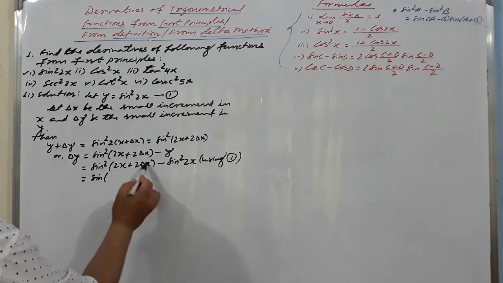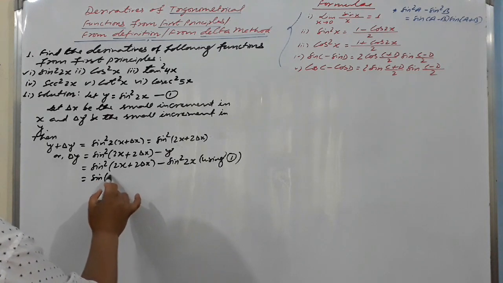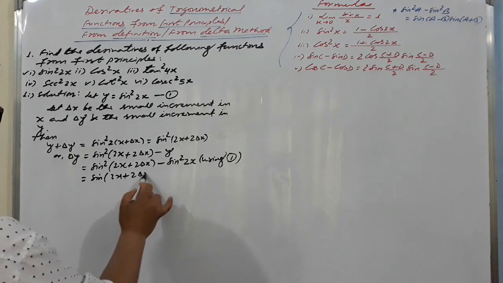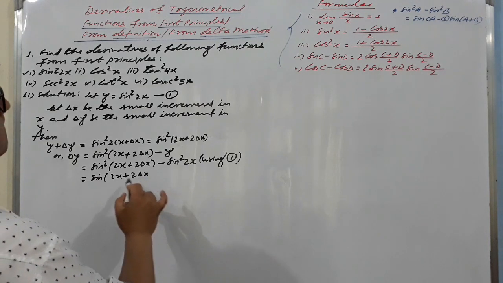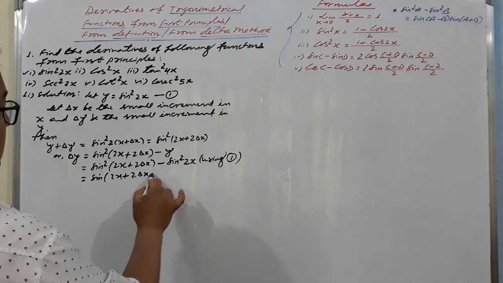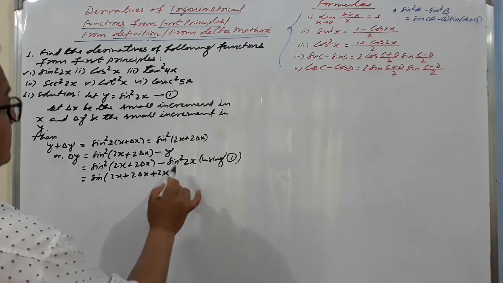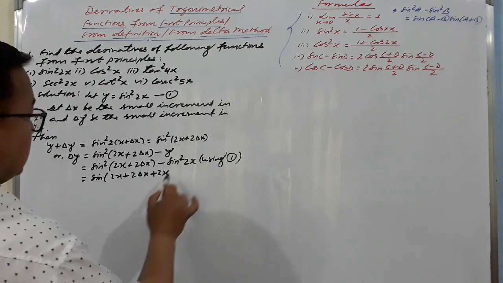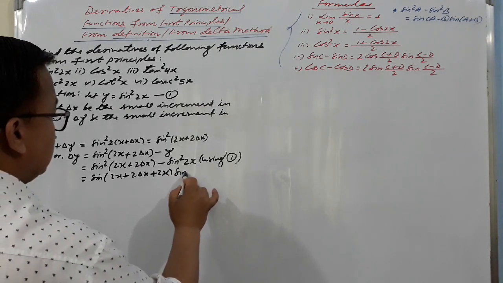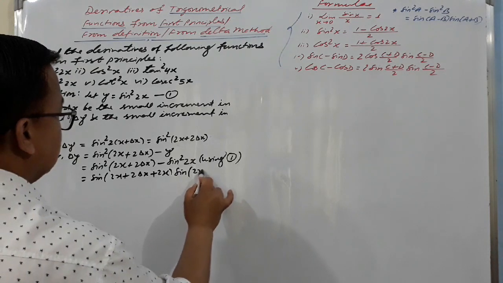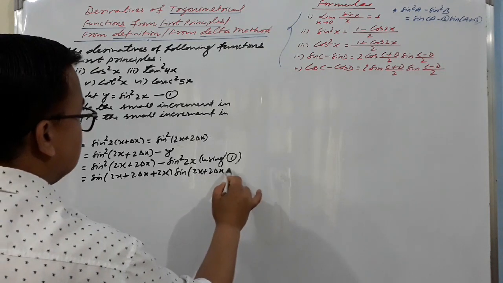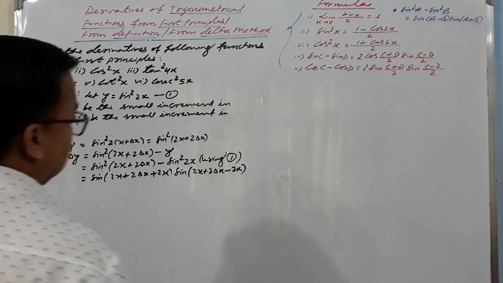Here this is a and this one is b, on 2x plus 2 delta x: sine of a plus b into sine of a minus b, where a minus b is 2x plus 2 delta x minus 2x.